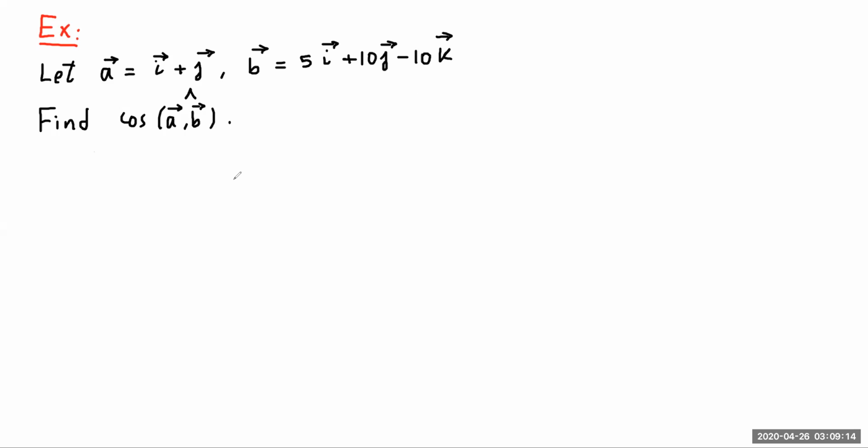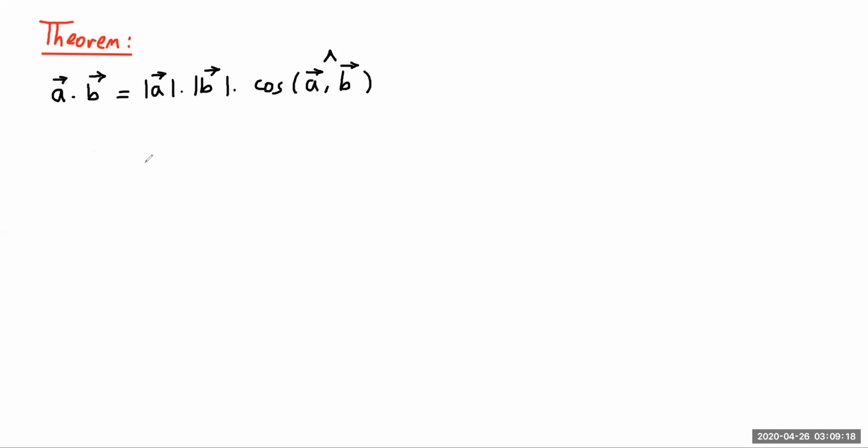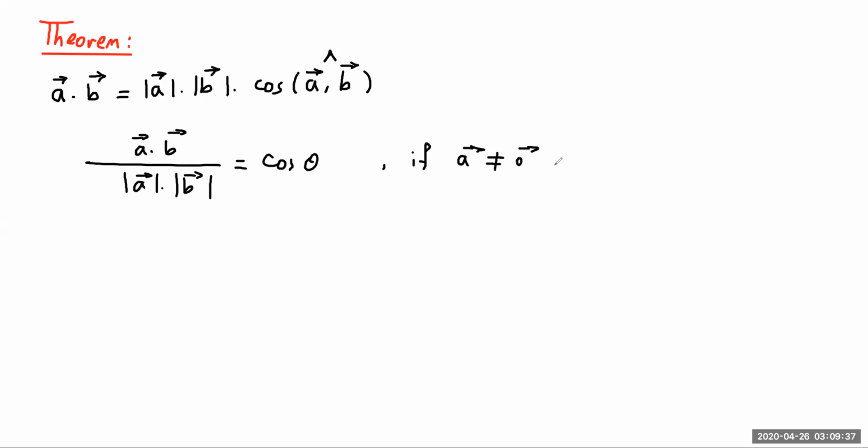So let's go back to the last formula. From this formula, you can write the cosine theta between A and B equals the dot product divided by length A times length B. This is correct if the vector A is not 0 and the vector B is not 0, so the lengths are not 0 and I can divide.